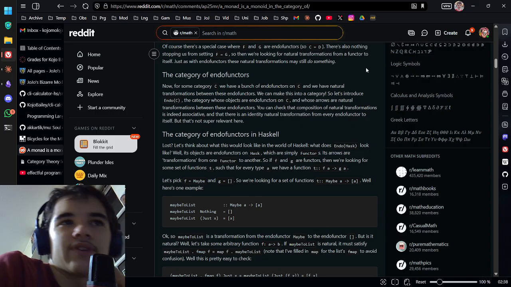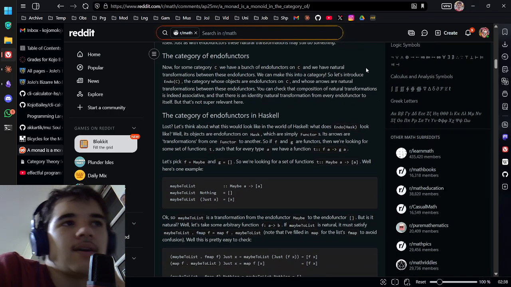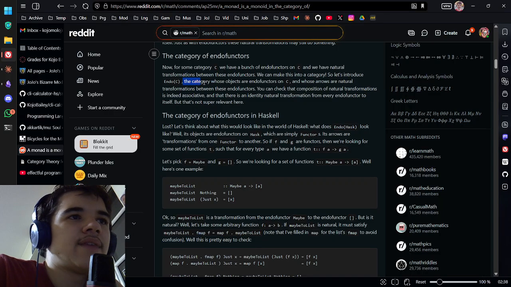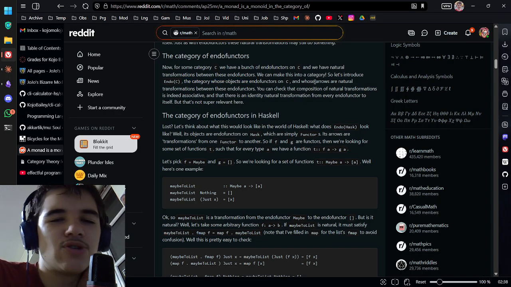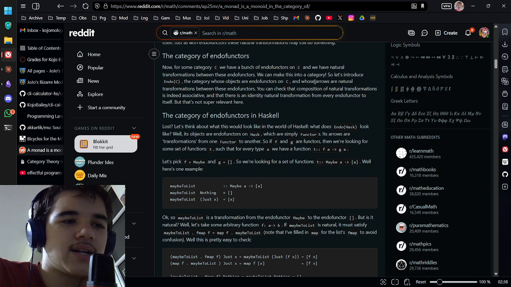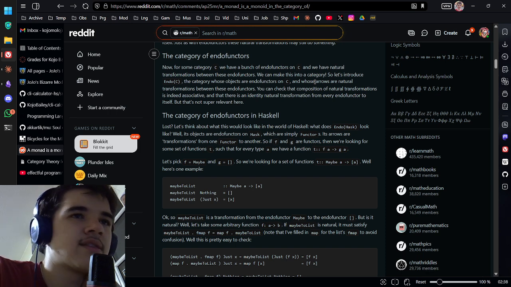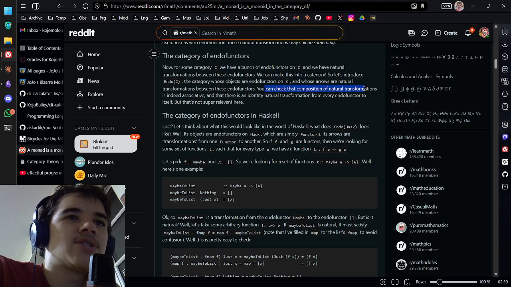We can make this into a category. Okay, so there's the Endo C, the category whose objects are endofunctors on C, and whose, wait, this is endomorphisms, right? I just realized. So that must also be a thing. And whose arrows are natural transformations between these endofunctors. You can check the composition of.